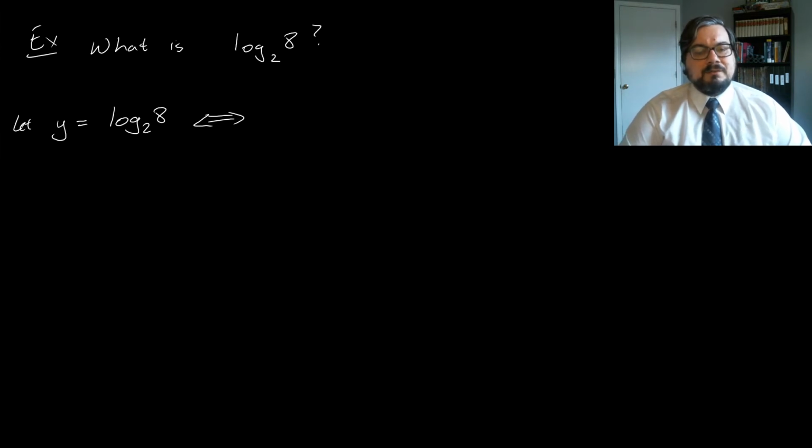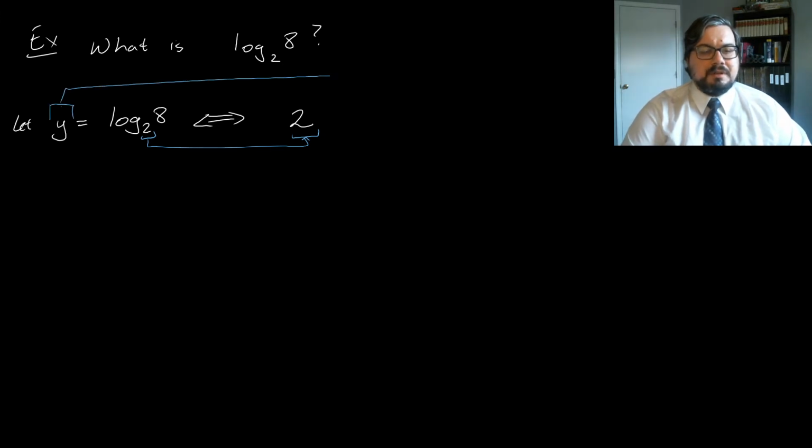So if we convert this logarithmic equation into an exponential equation, 2 is the base of the logarithm, and so it's going to be the base of the exponential. The output to the logarithm, which is y, is the same as the exponent in the exponential equation.